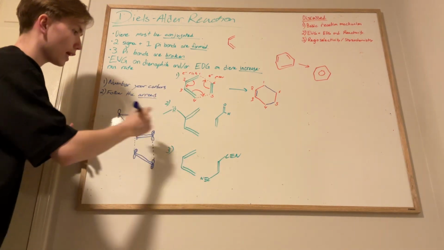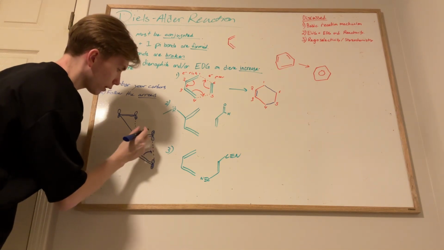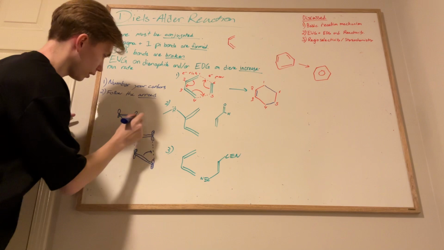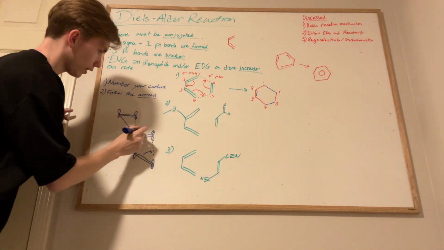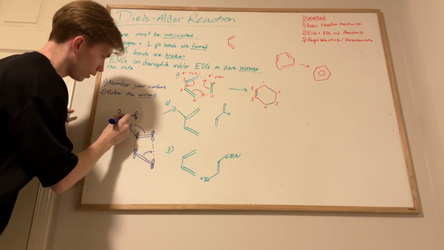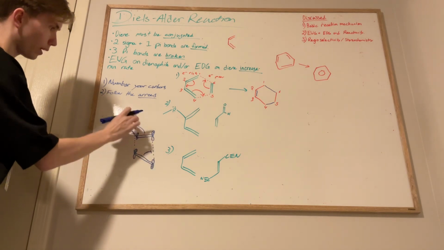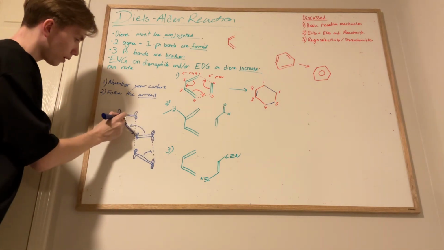And so we can draw the arrows like we did before. We can do pi bond breaking there, right? This is a little more abstract. Okay, we can do pi bond breaking there, form a pi bond there. And then we can do pi bond breaking there, form there. 2 new sigma bonds, 1 new pi bond, right?